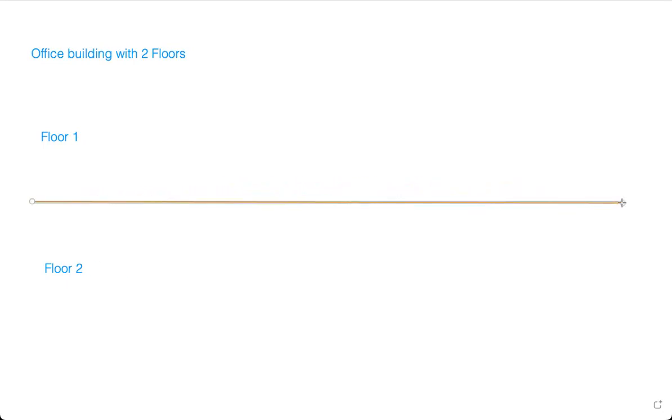So there is an office building, and let's say there are 2 users in floor 1, and there are 2 users in floor 2.